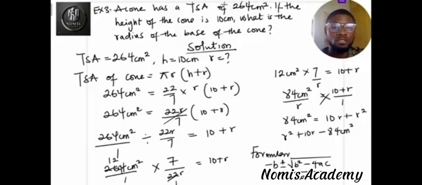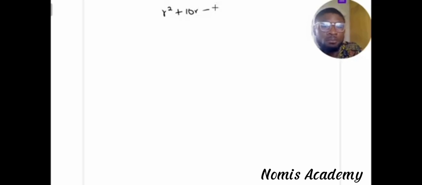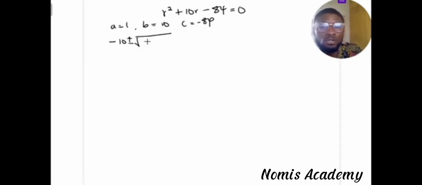So let's rewrite the equation. The equation says r squared plus 10r minus 84 is equal to 0. So we're now going to take our a to be 1, our b to be 10, and our c to be minus 84. So we say minus b plus or minus the square root of b squared minus 4ac all over 2a.